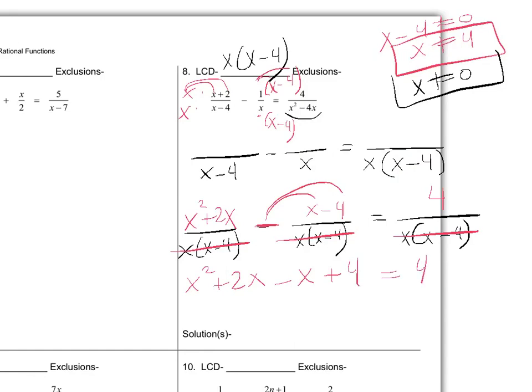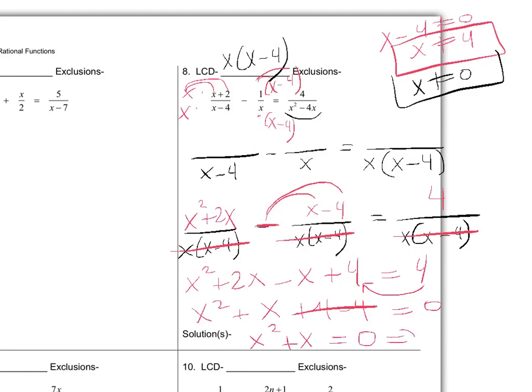Now, since you see that this is a quadratic, it's always important to move everything to one side. So it would be x squared plus 2x minus x is an x. And if you move this to the other side, it's going to be plus 4 minus 4 is equal to 0. Those will cancel out, so it's x squared plus x equals 0.